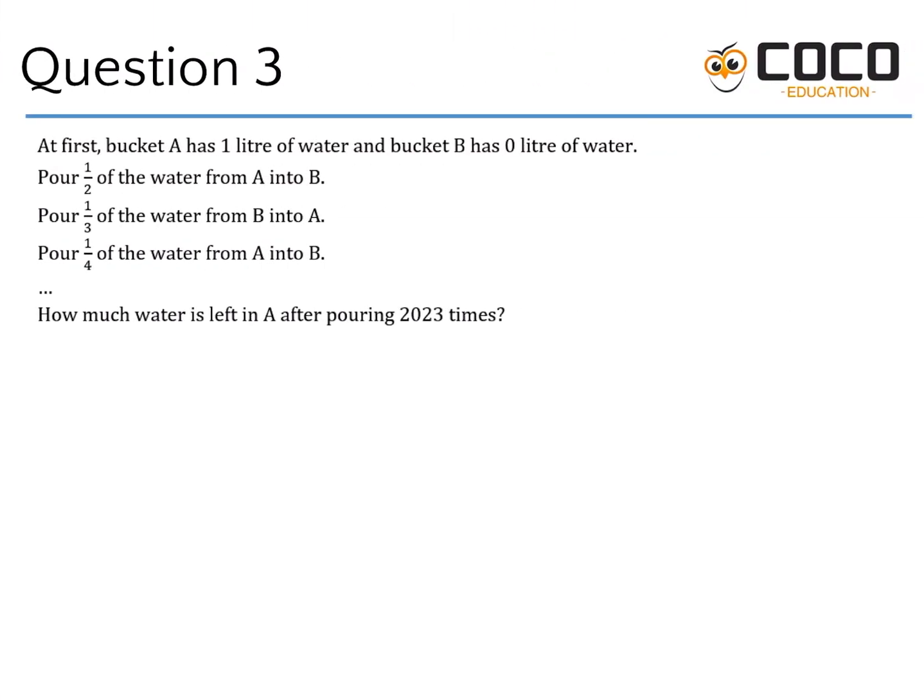So for the next question, we have two buckets, A and B. Okay, so at the start, A is 1 liter, B is 0. So the first time A is left with half, B has half.